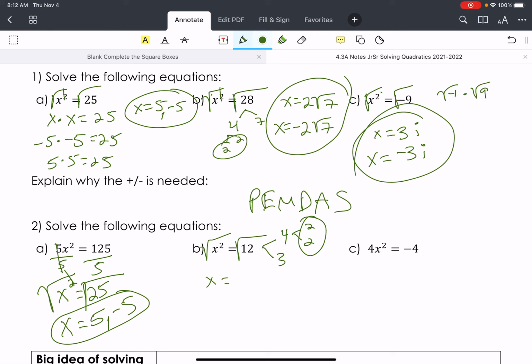So x is 2 square root 3 and -2 square root 3. Am I ready to square root on C? No? Masa says no. What do I need to do first? Good.